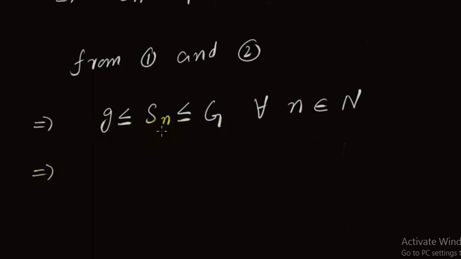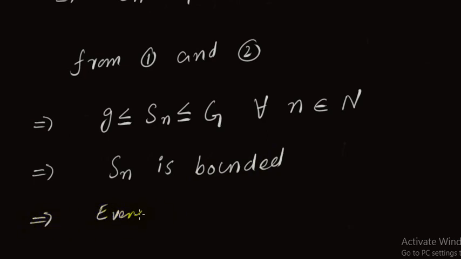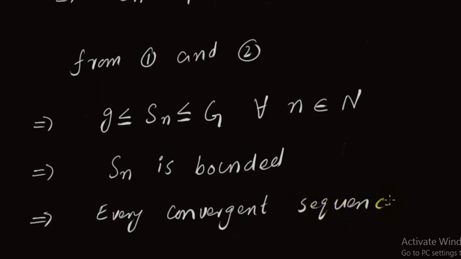Small g is a lower bound for this sequence, capital G is an upper bound for this sequence, which implies Sn is bounded, which implies every convergent sequence is bounded.